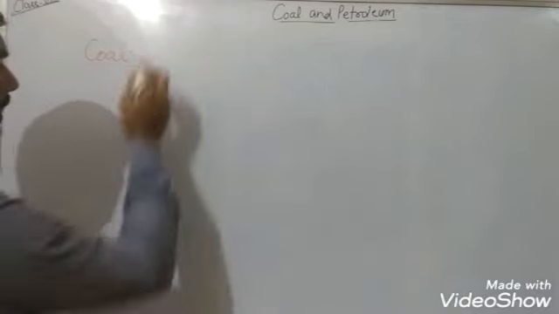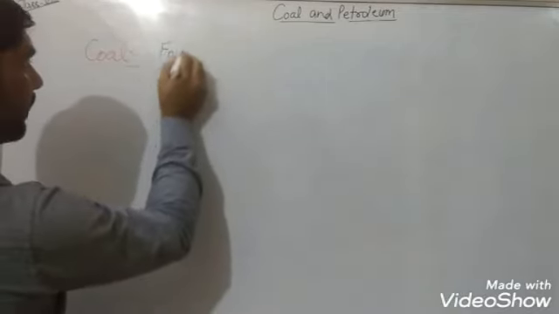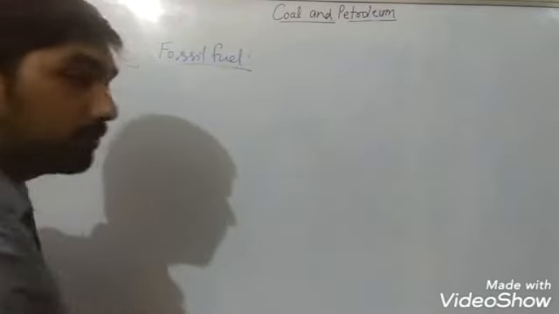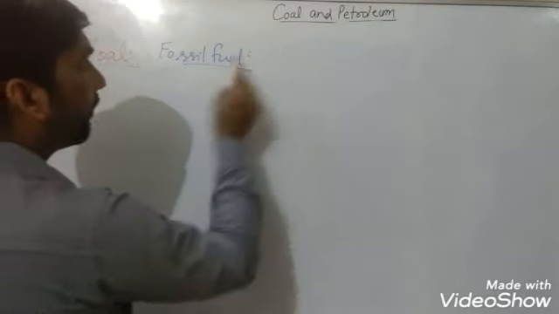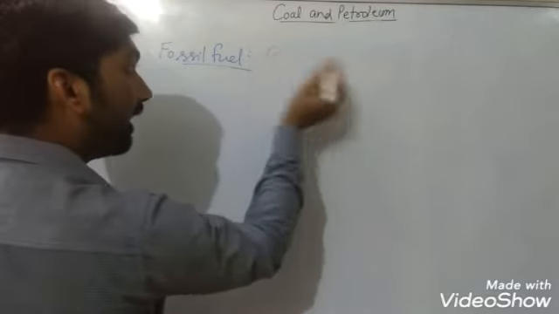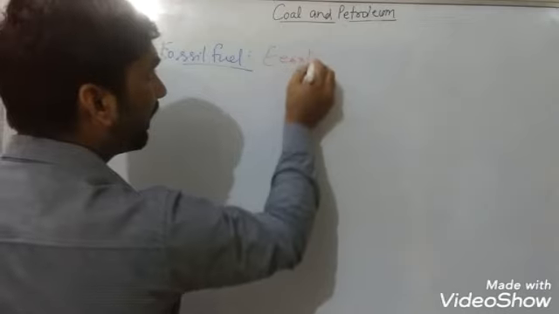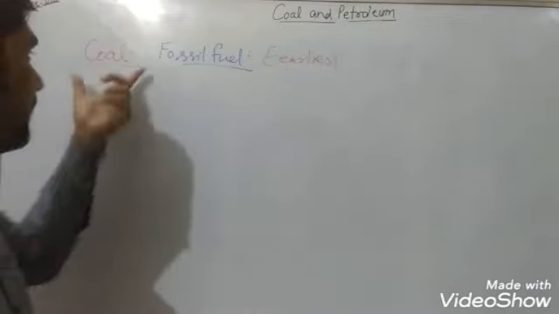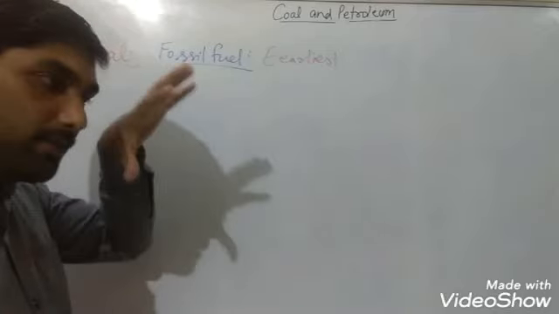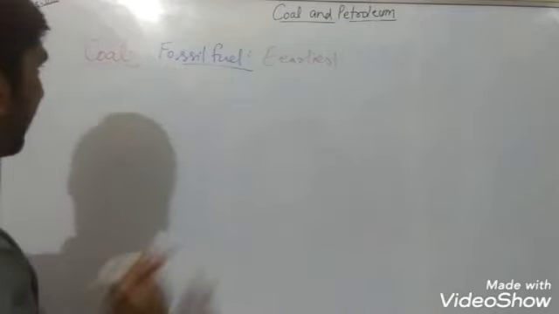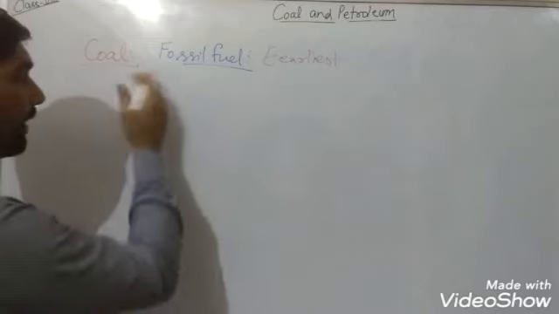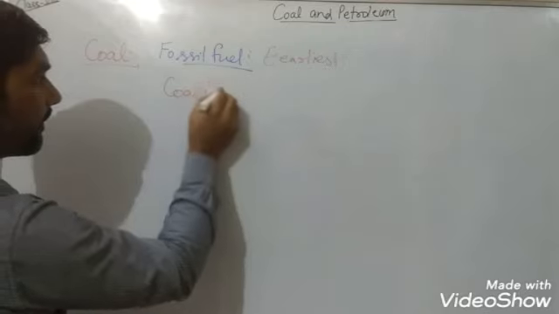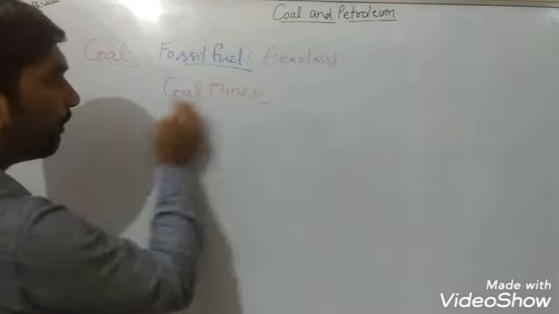As you know, coal is a fossil fuel, and you will be surprised to know that this is the earliest used fossil fuel. Since it is a fossil fuel, it is present deep inside the earth, and the place from where we fetch coal is known as coal mines.